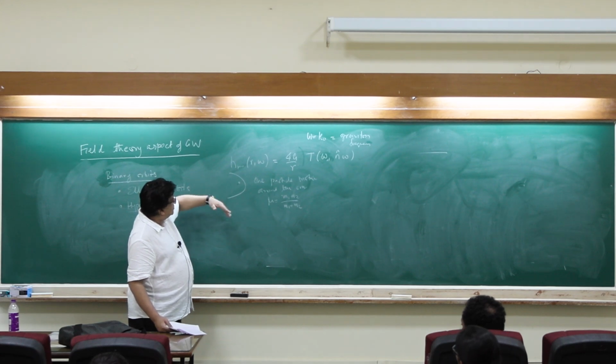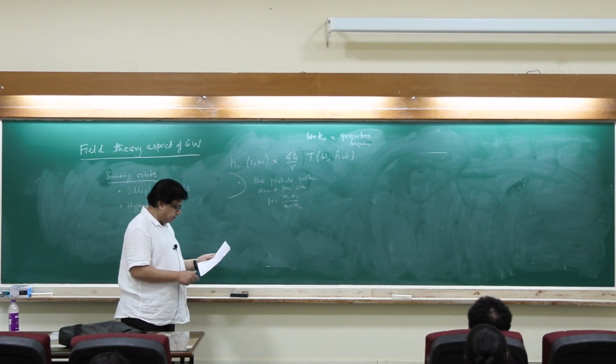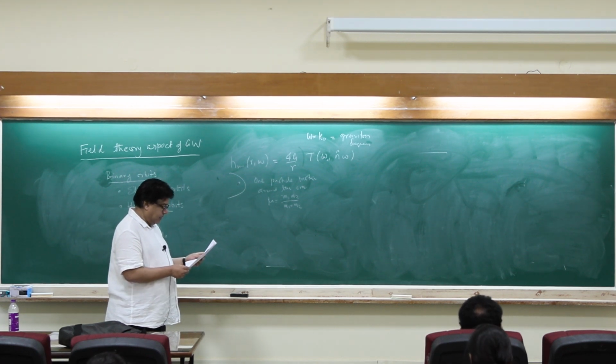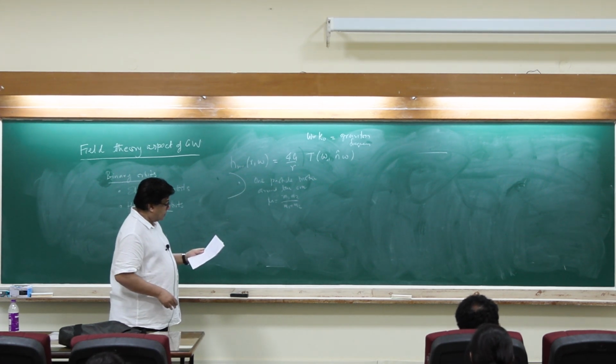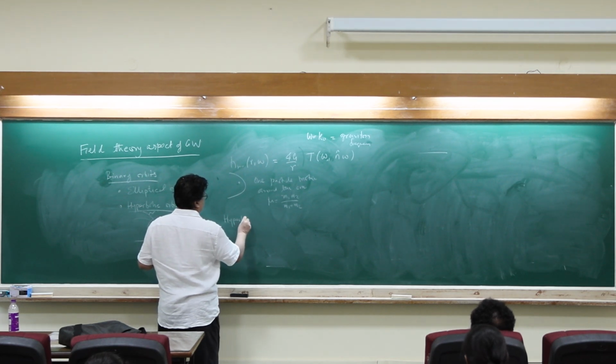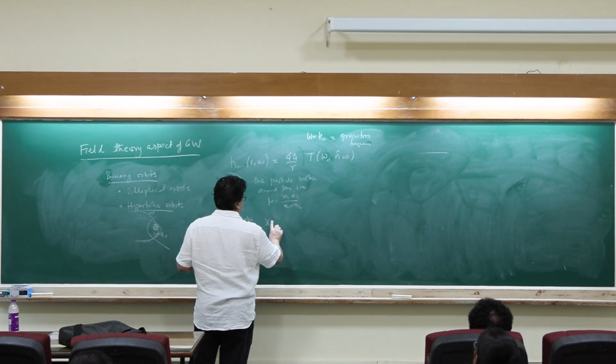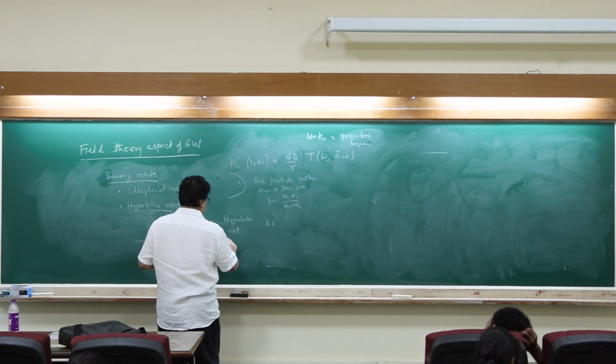Then if the heavy particle doesn't move, it's effectively a single particle motion with whatever is the mass mu. So in the hyperbolic orbit, I'll write the full trajectory. I'll start with writing in, let's say, the xy plane.